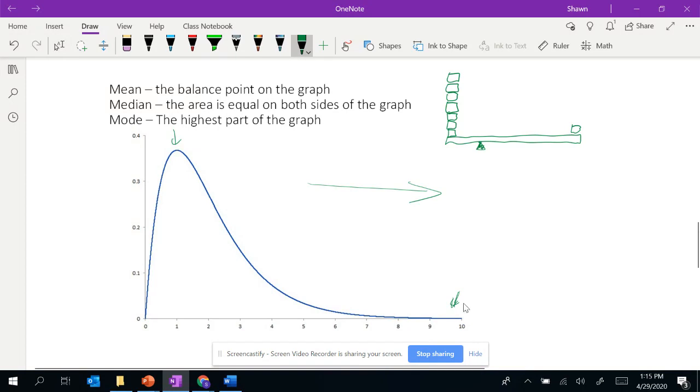Because it's such a one person with such a high value, it's going to drag the mean way over in this direction. So our mean would probably be, if I'm guessing, maybe somewhere around here.